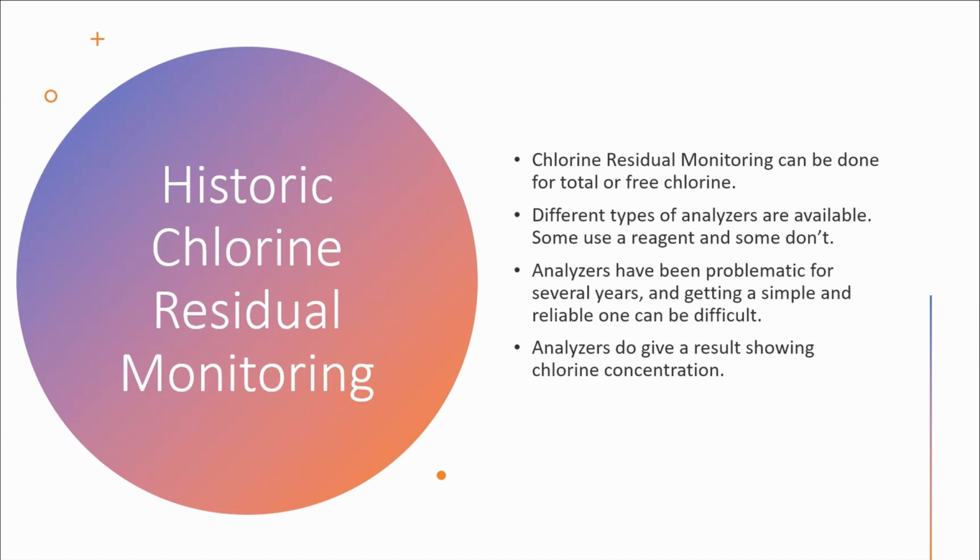Chlorine residual monitoring can be done with total or free chlorine. You have to be aware of what your test is set up for, and what your permit limits allow you to test for. Everybody's going to be different because every permit is a little different, so we just need to be aware of what you're doing there.